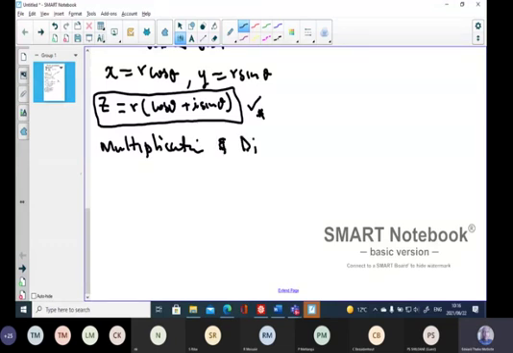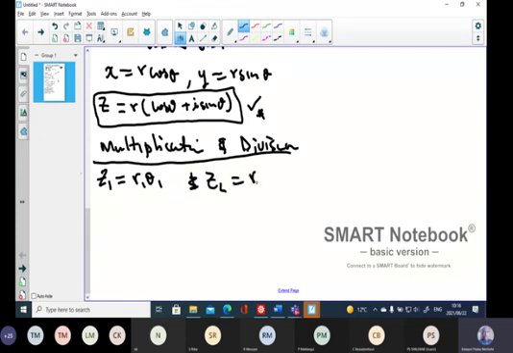I'm trying not to complicate this for us to get knowledge first. The complicated stuff can come later. Z1 equals R1 theta 1, and we are also given Z2 equals R2 theta 2.